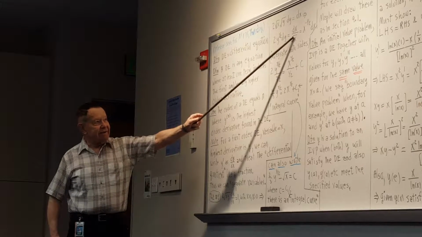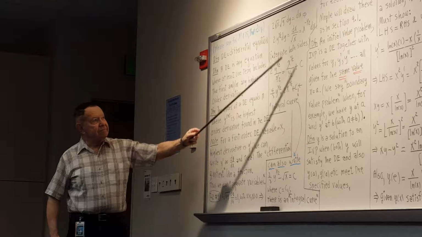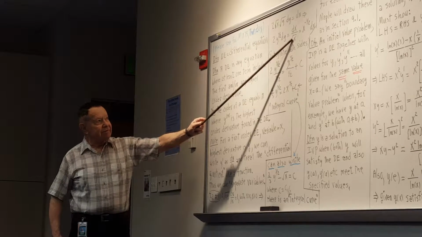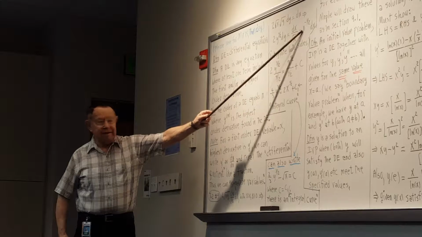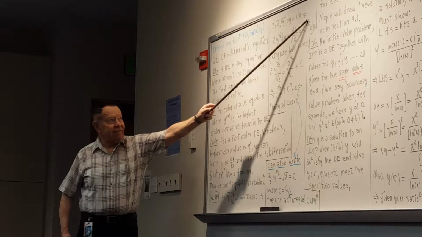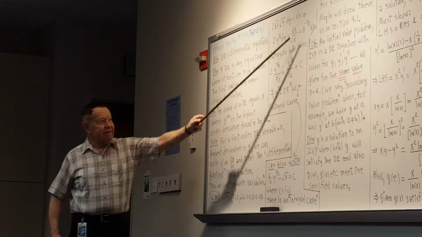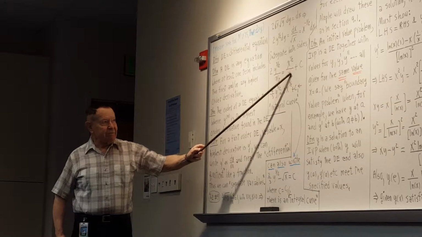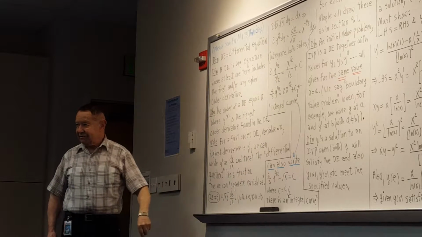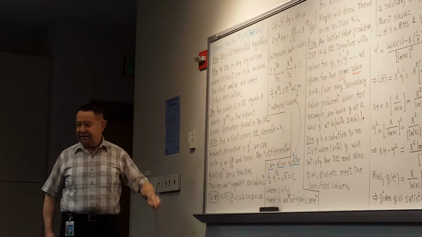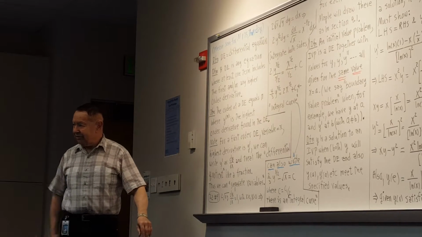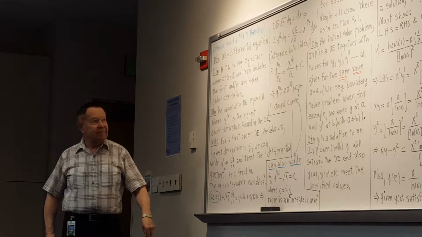You integrate this. You see, you can rewrite this way with x to the minus half, and then add 1 to that exponent and divide by the new exponent, and then put your constant. You could put the constant on either side, but the custom is to put it on the right.